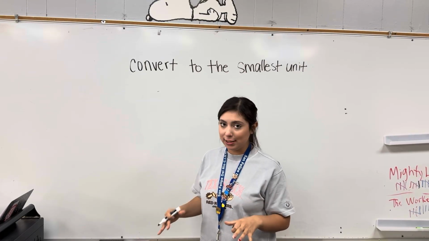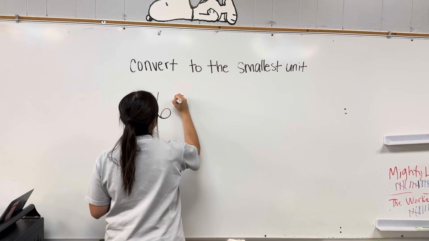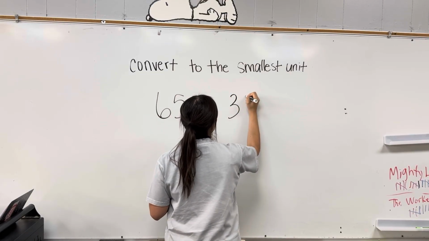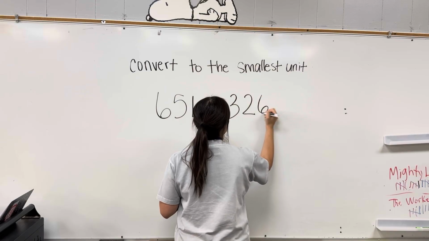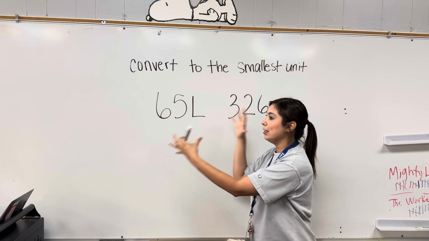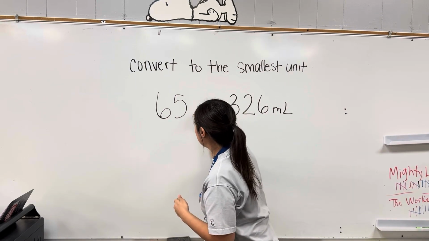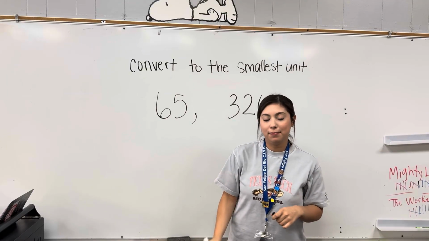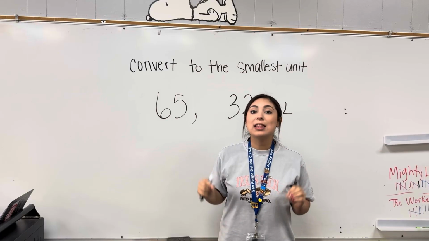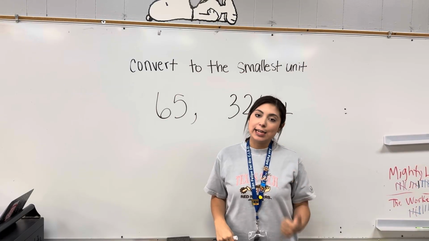Because they are in the thousands, if I had a mixed unit like 65 liters and 326 milliliters, right? Mixed unit, again, this is one single measurement. My liters goes away and it turns into a thousands comma. This only works when your units are 1,000s, like kilograms and grams and liters and milliliters.